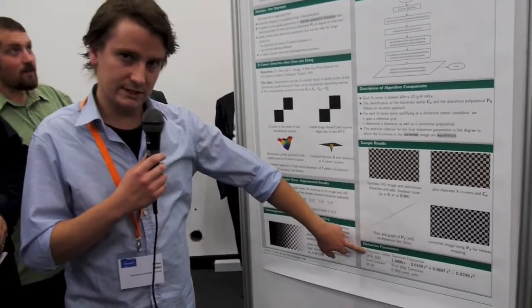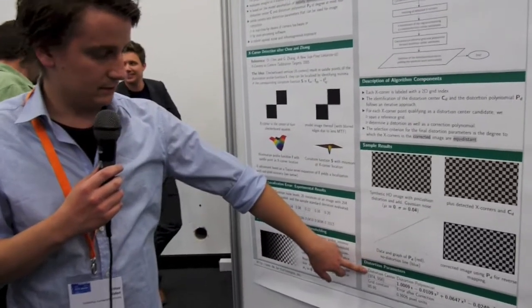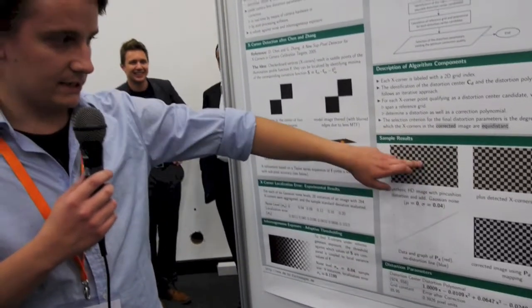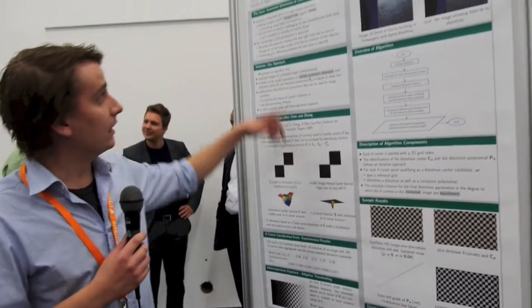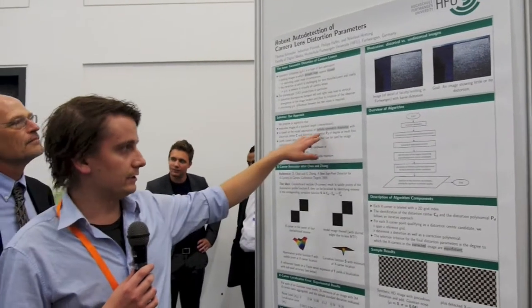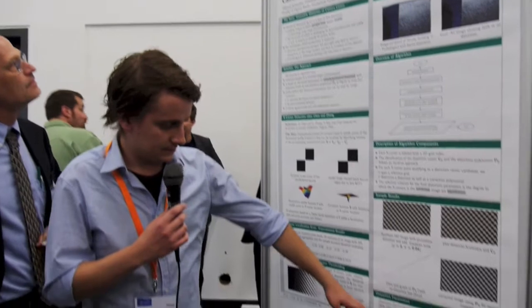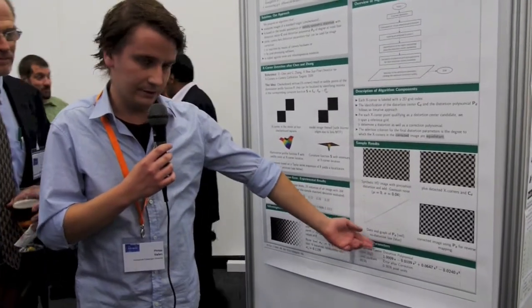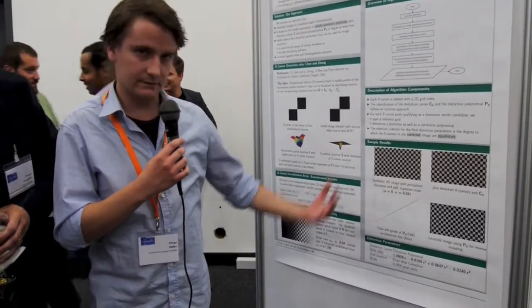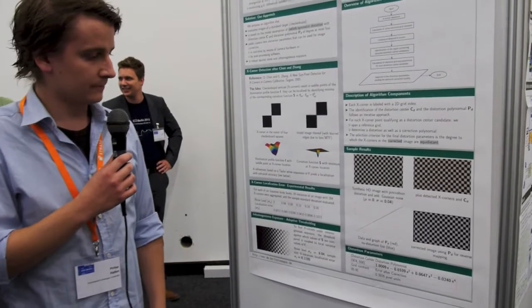It's the distortion center, the center from which the radially symmetric distortion originates, and the polynomial to fit to correct this distortion.